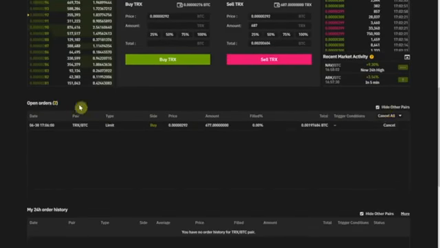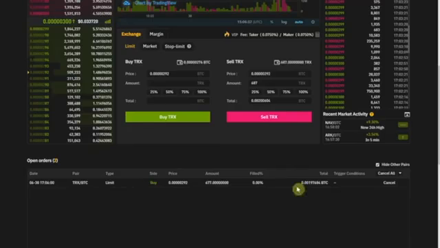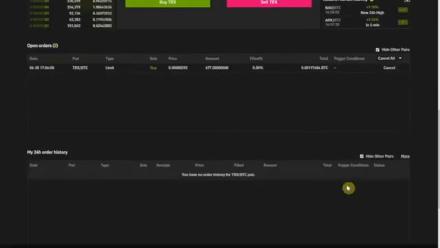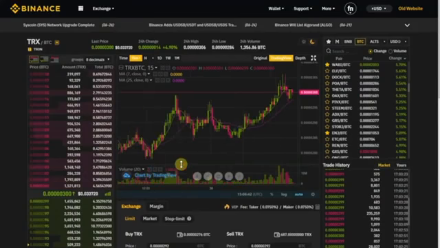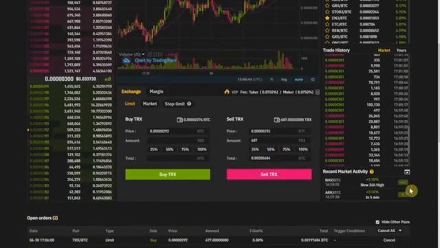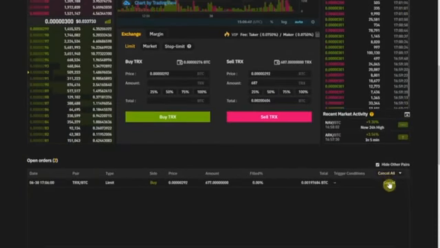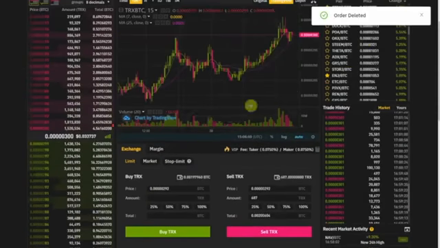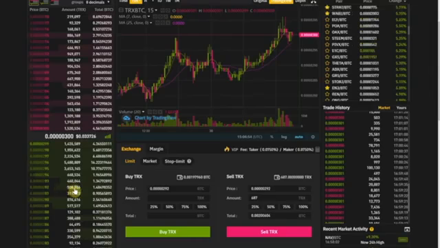Apparently I have another pair. I have a BTC order from a long time ago, and you can see the order here is open. Okay, so if you decide to cancel, simple, just come over here, cancel, order deleted, and you no longer have the indicator here. Oh, 500,000 TRX, it's growing.